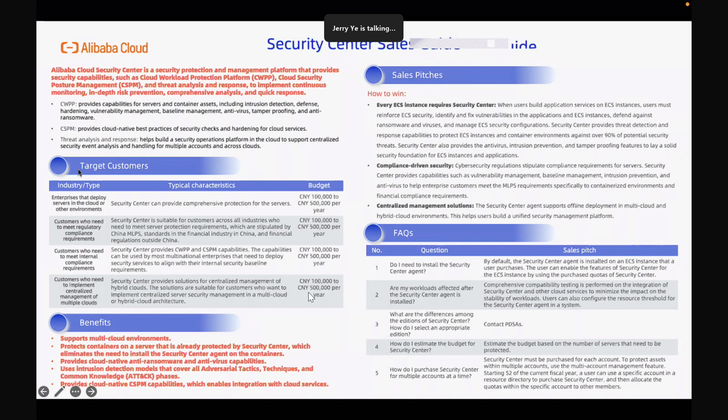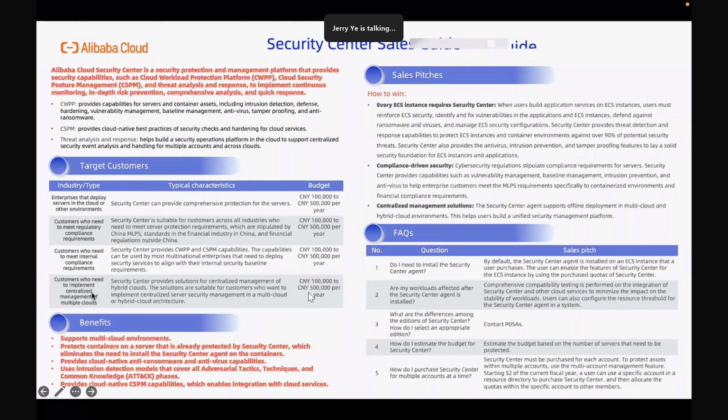Okay, so the target customers, the industries here is you can see the enterprise that deploy servers in the cloud or other environments, right? So the next one will be the customers who need to meet the regulatory compliance requirements, like in Malaysia, or in Singapore or in Indonesia. The customers are required to have the anti-malware or antivirus.